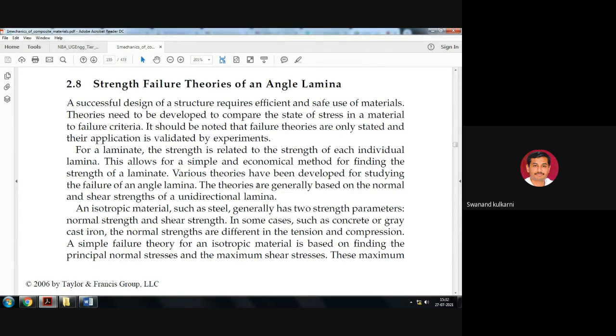During last lecture, we started with strength failure theories. As far as this composite material is concerned, we already know that composite is not specific to one kind. Whatever our assumptions in solid mechanics, in analysis of mechanical elements, in strength of materials, that material is isotropic.